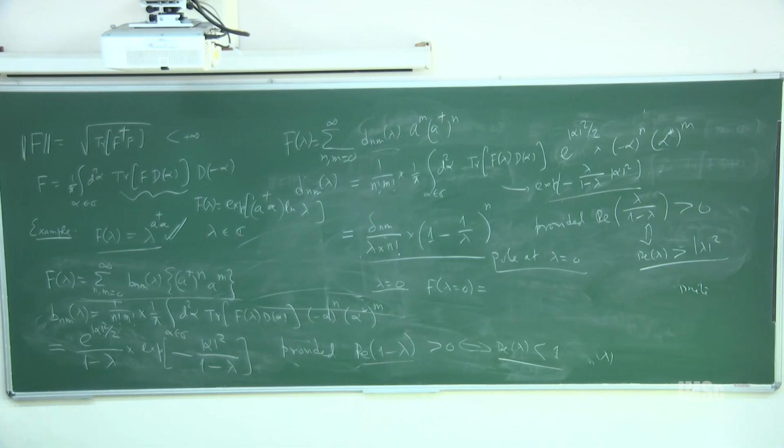So 0 to power 1, 0 to power 2, 0 to power 3. So it would be exponent of minus infinity times a dagger a, like ln lambda would be minus infinity in that way. No, it's 0.